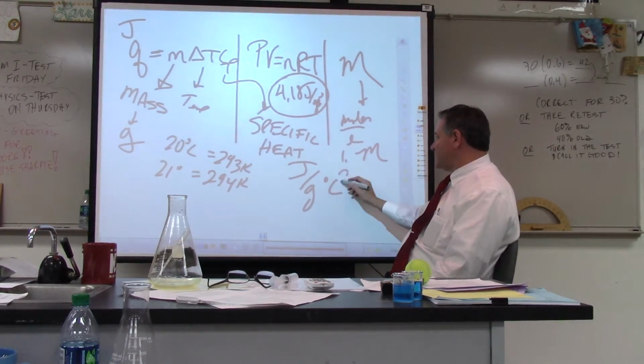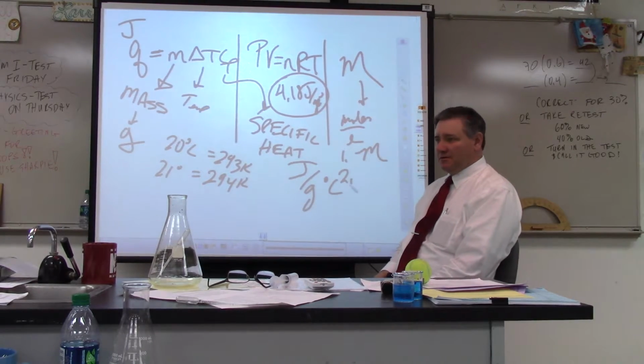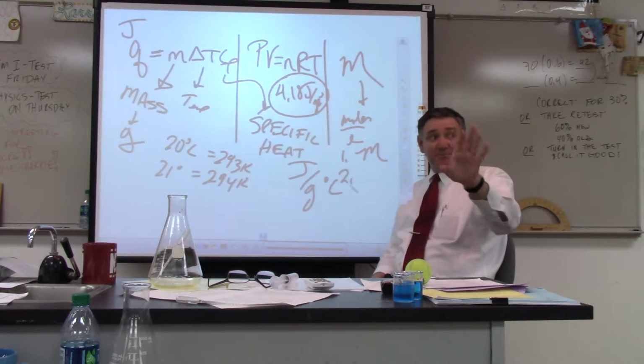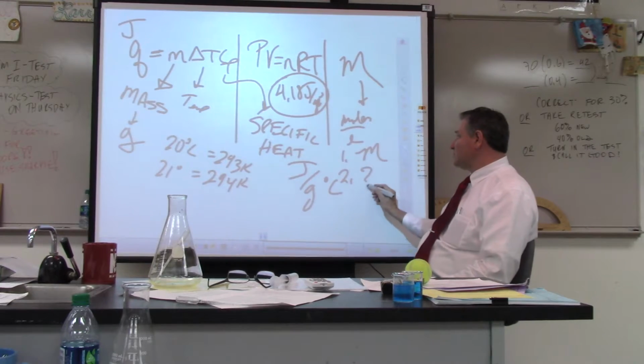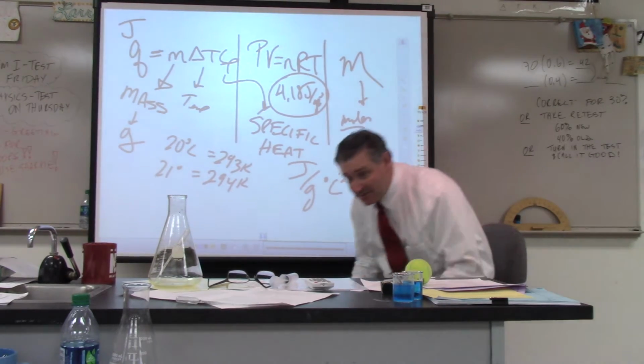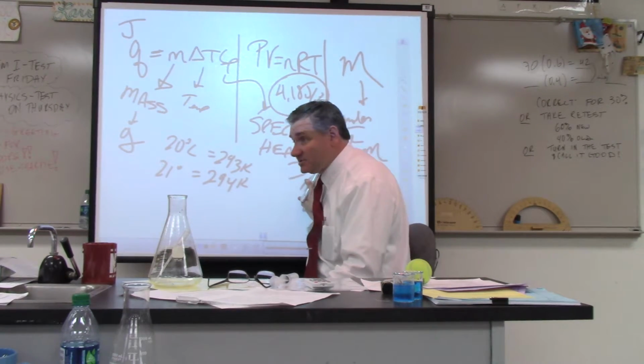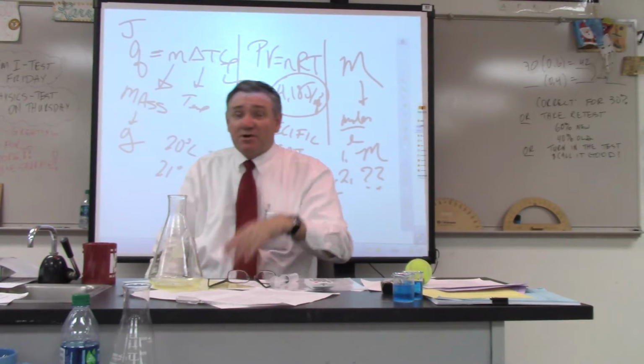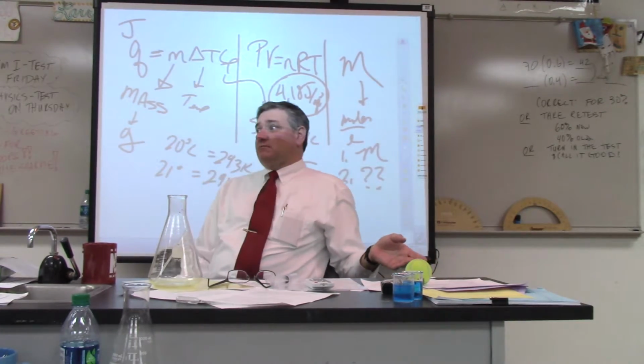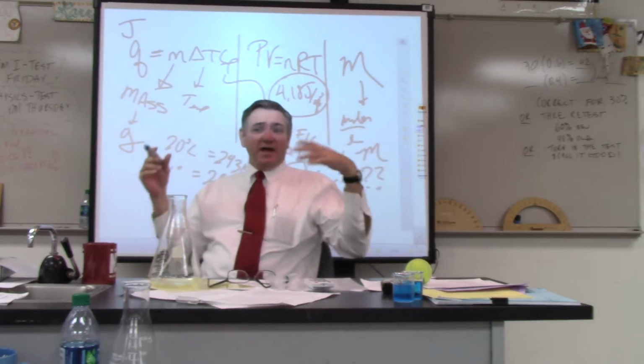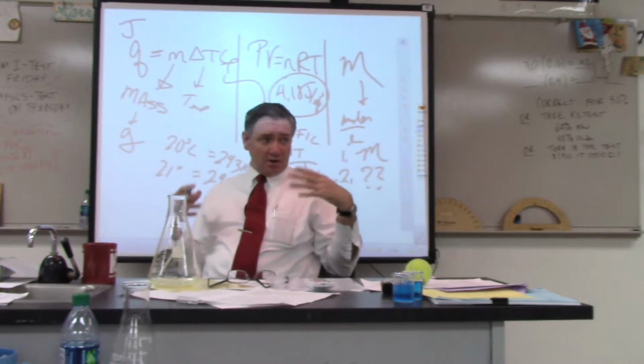What's the second type of problem you're going to have to be able to do? Describe the preparation. Okay? So how would you prepare something? This is the most realistic application. You look at all the labs that you all have done. Okay? 1 molar hydrochloric acid, 0.5 molar magnesium nitrate, all of these things.